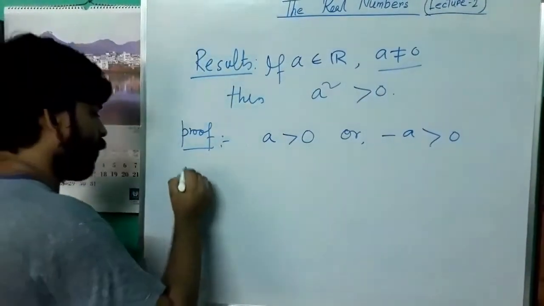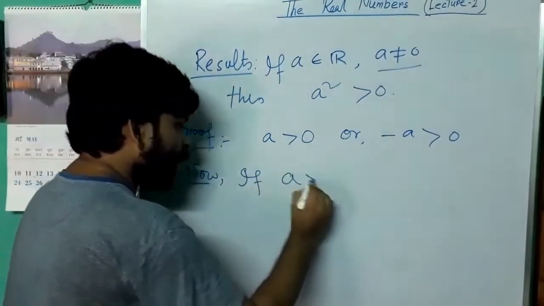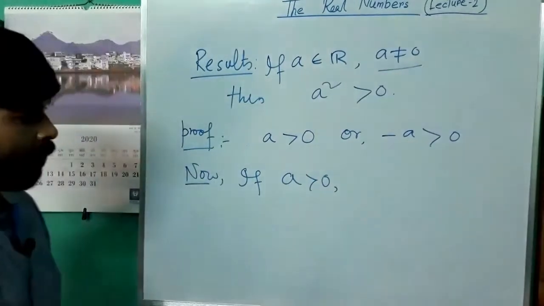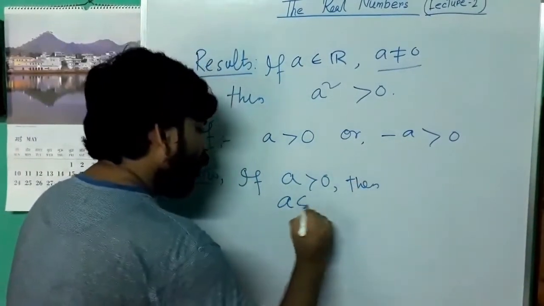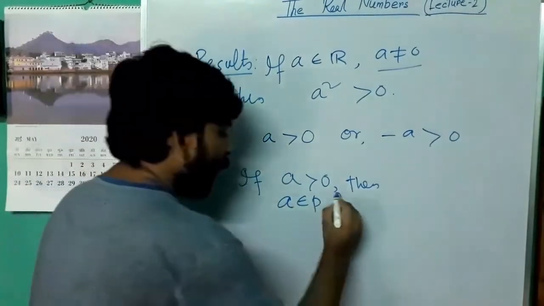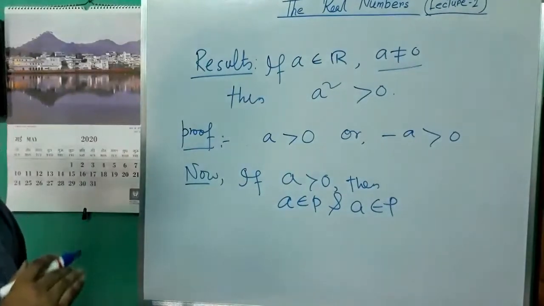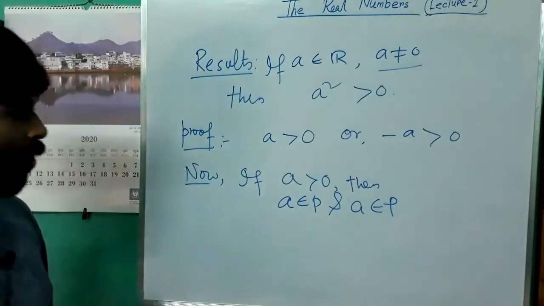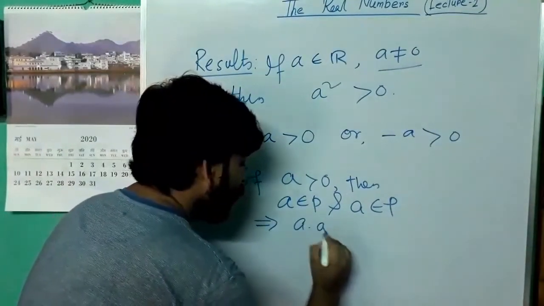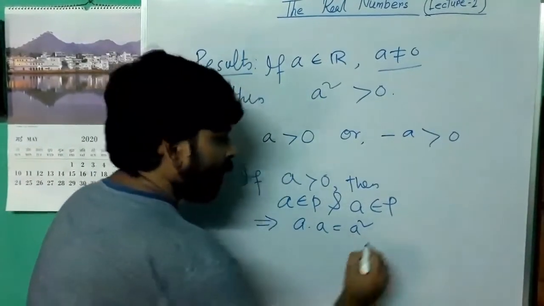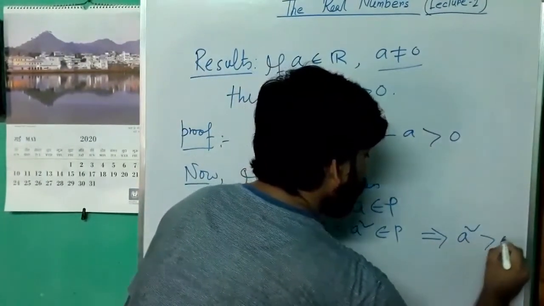Now, if A is positive, then A belongs to P and A belongs to P. Since P is closed under multiplication, we can write A dot A equal to A square belongs to P, which implies A square is strictly positive.